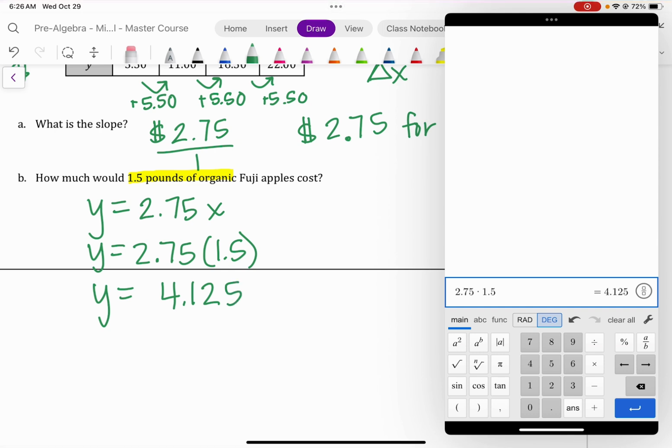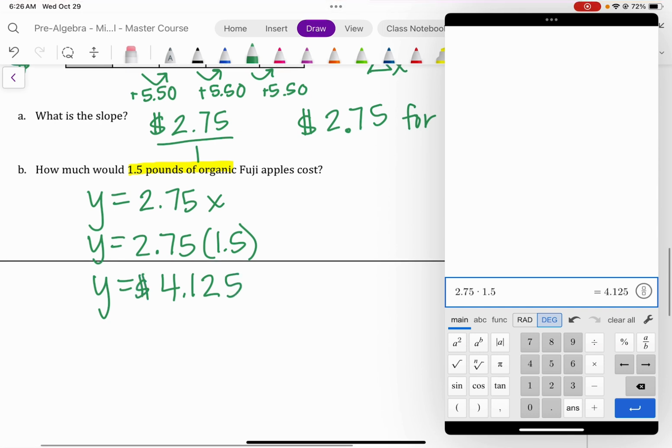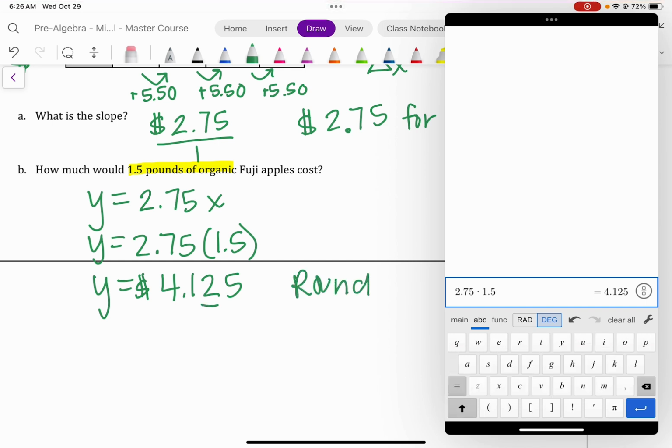You guys know that when you go to the grocery store, you don't pay $4 and 125 thousandths, so we need to round. We're going to round to the hundredths place, and we're going to use that 5. So y is equal to $4.13 when you buy that many apples.